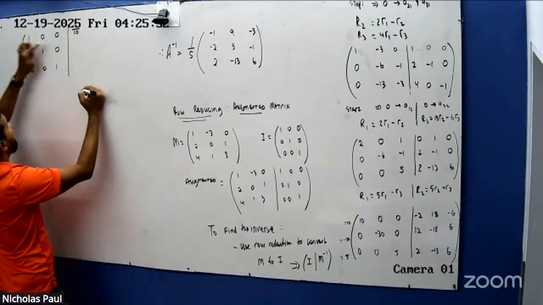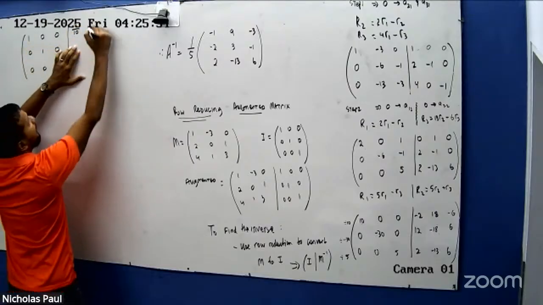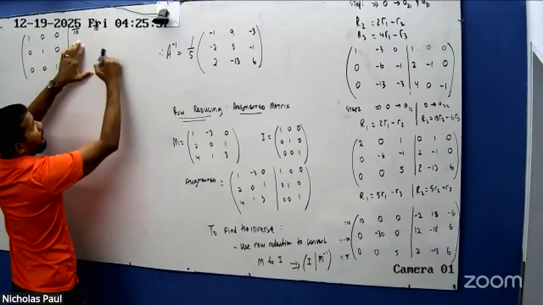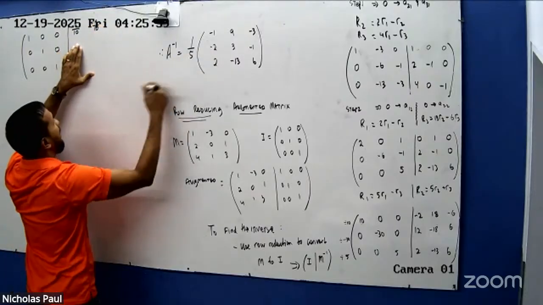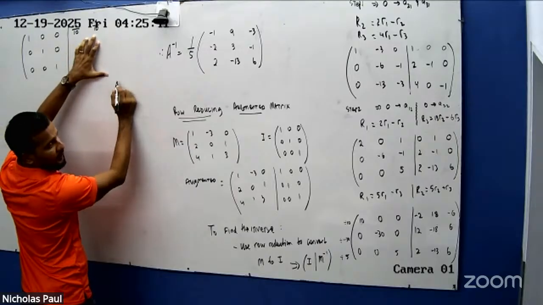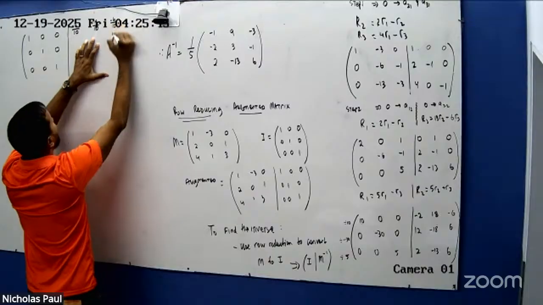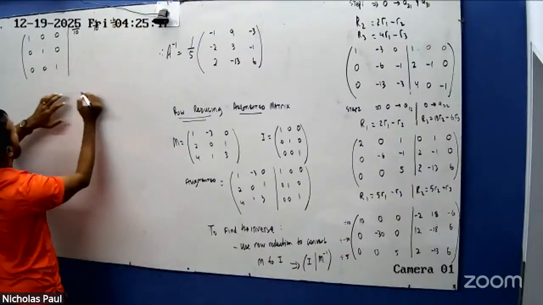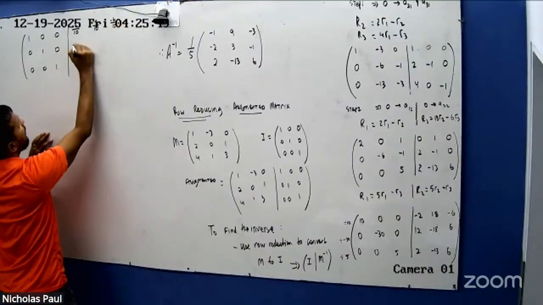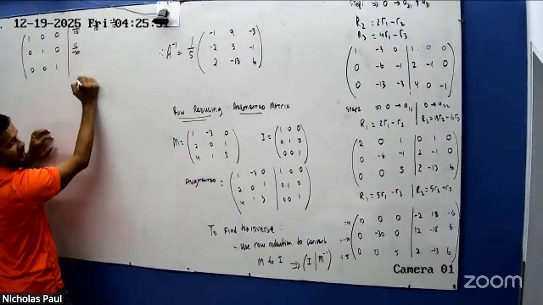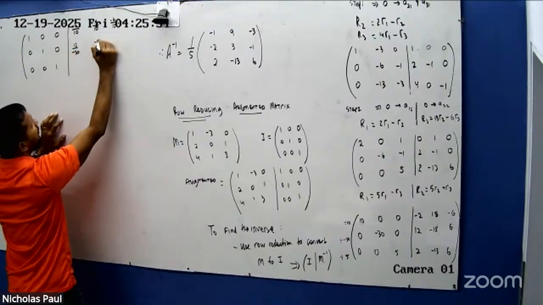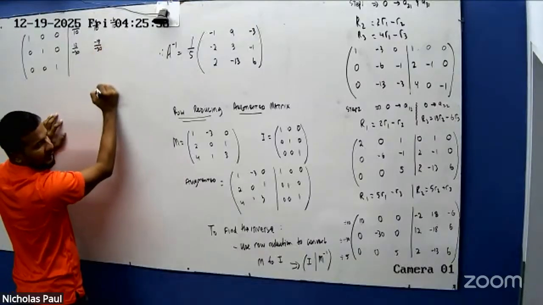Right, so I divide everything by 10. And you will see it's the same values like if you multiply by 5. Next one I'm dividing by minus 30. So I get 12 on minus 30, minus 18 on minus 30.